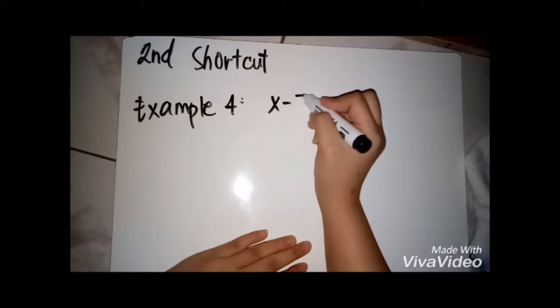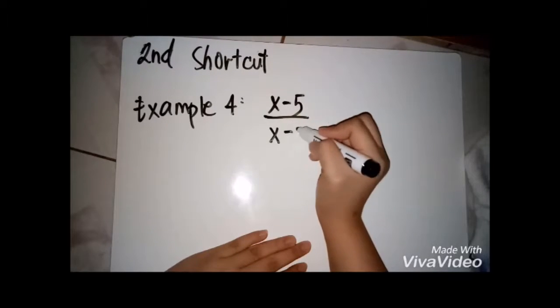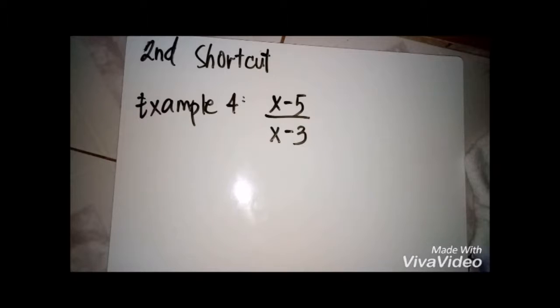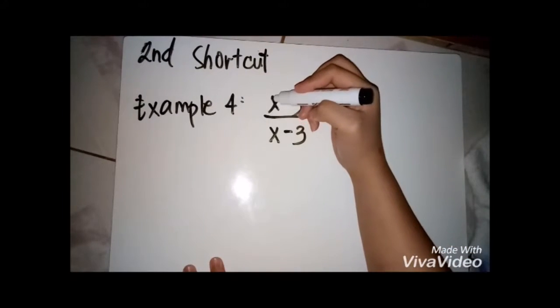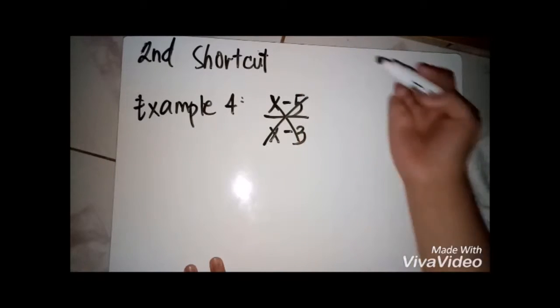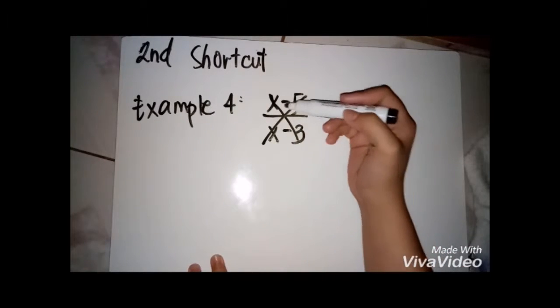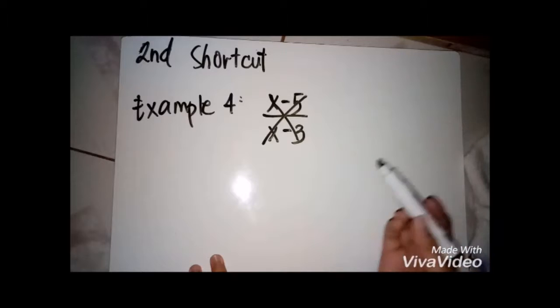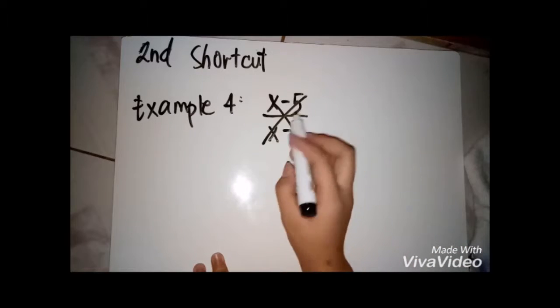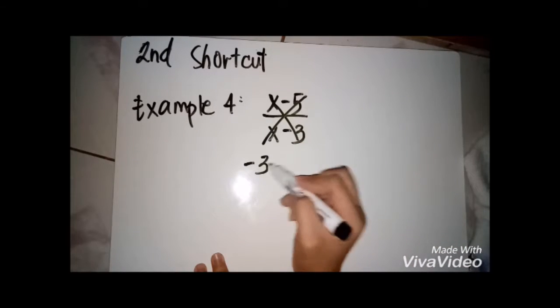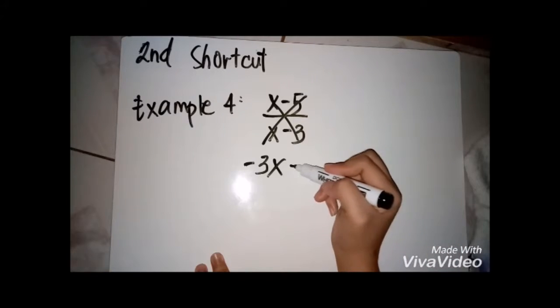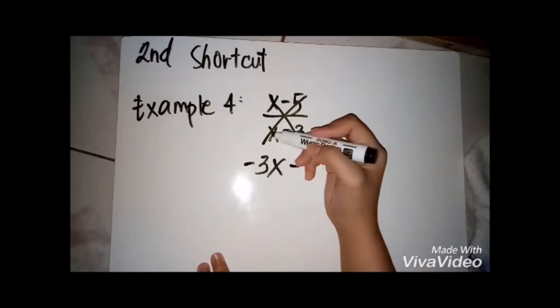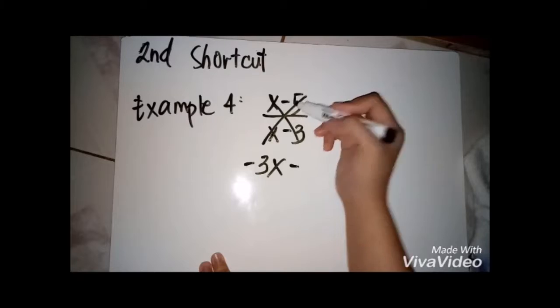We have x minus 5 over x minus 3. The steps here are, first we need to crisscross. So we multiply x by negative 3. So we have negative 3x. Then just subtract the product of x multiplied by negative 5.